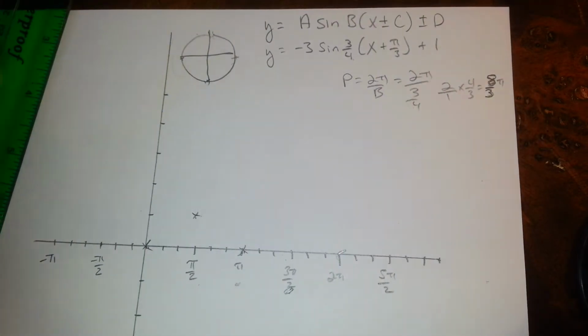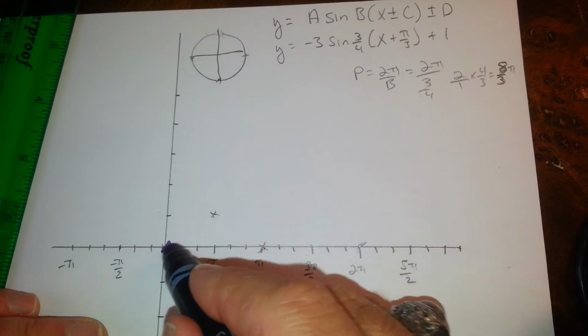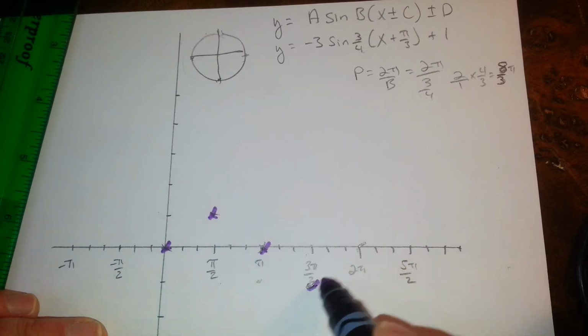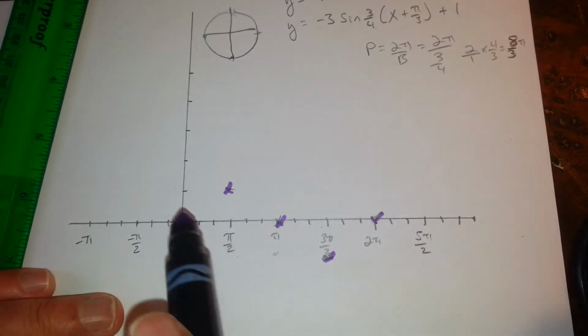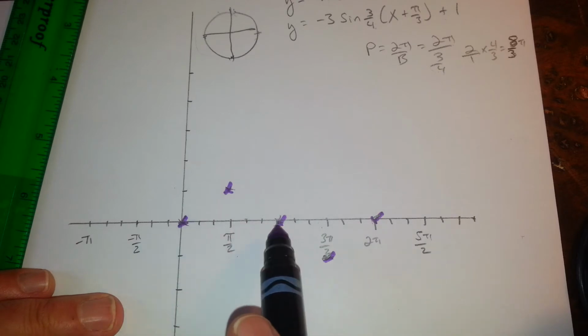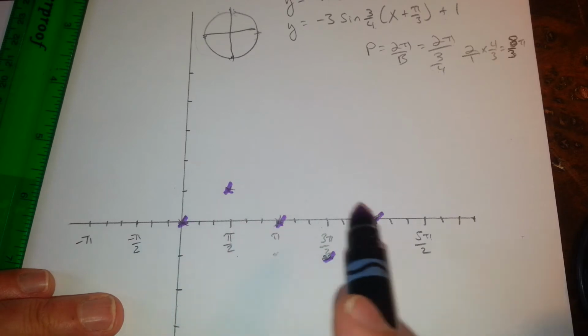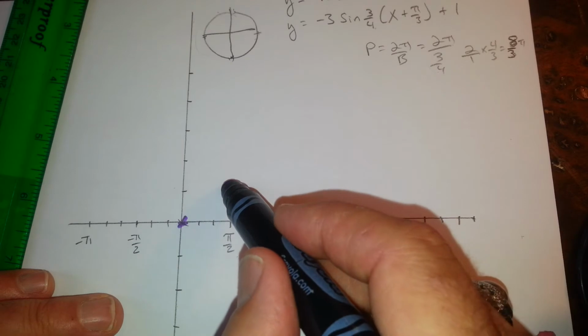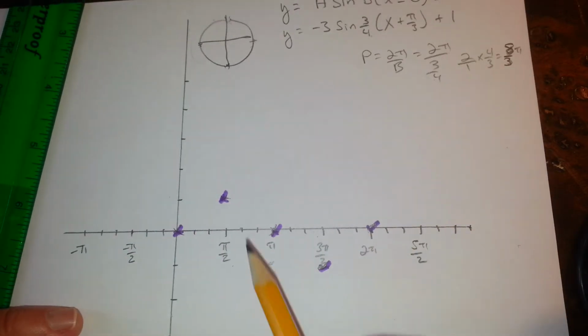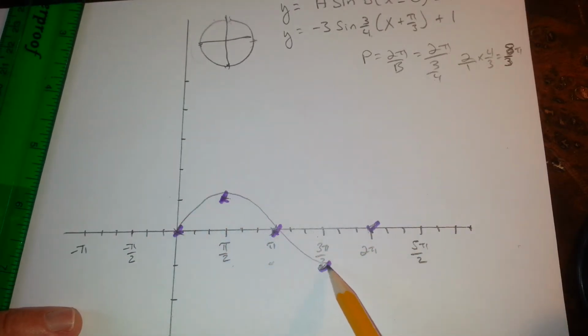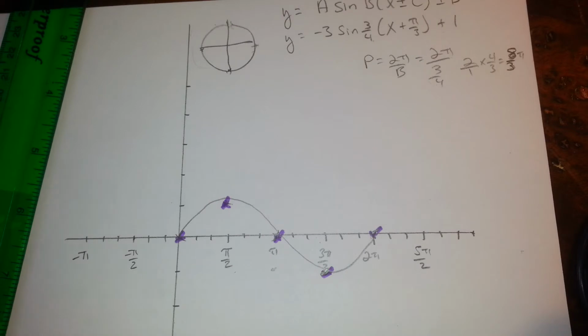So here's my original graph. Make these important points: 0, pi halves 1, pi 0, 3 pi halves -1, back up. My graph would look something like this for sine, and you should know that cold.